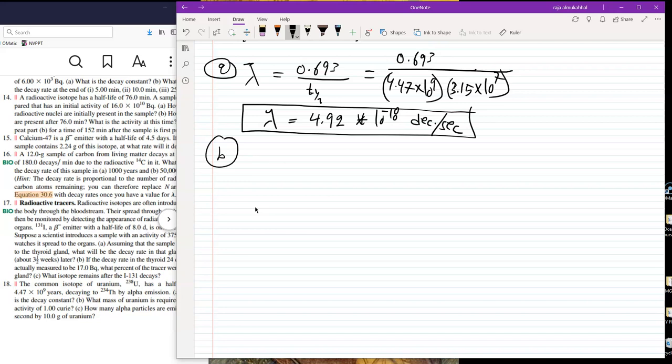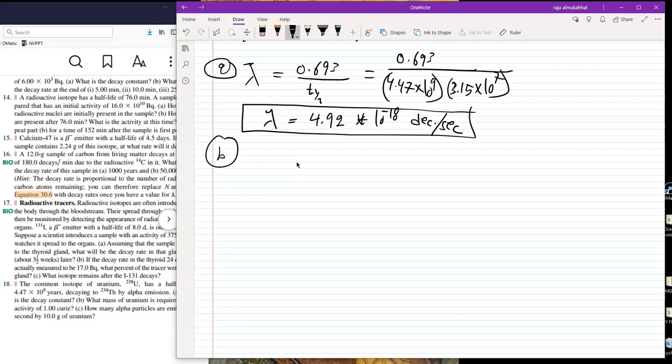Okay. Now, I'm trying to think about how to better explain it to you. What's given to us? Let me find, first of all. So I have already found lambda, and I already know the half-life.